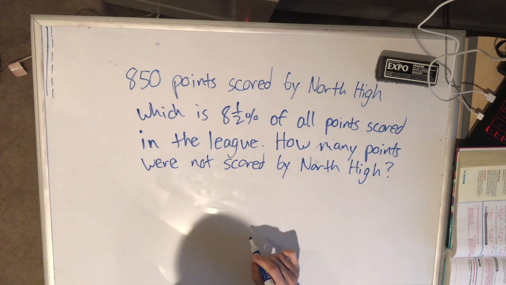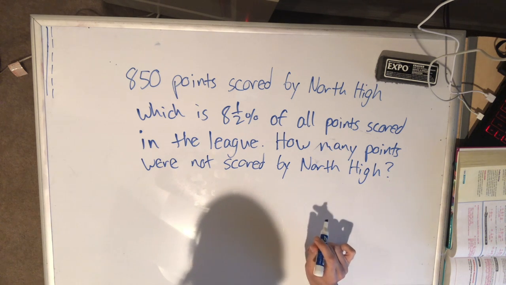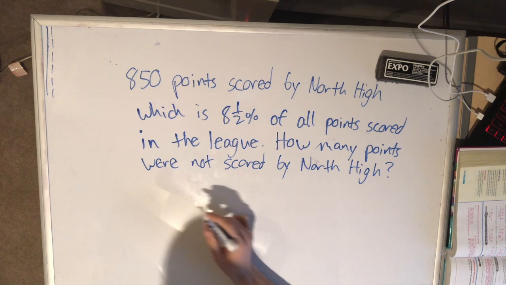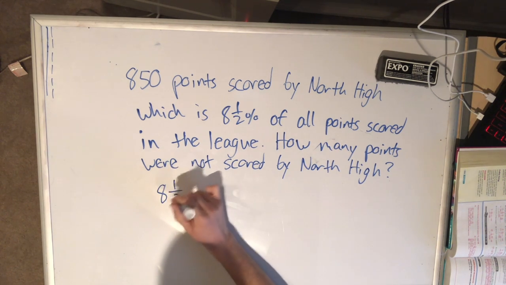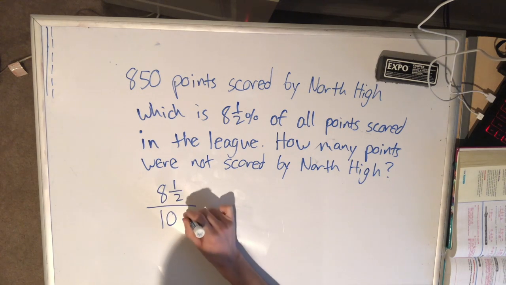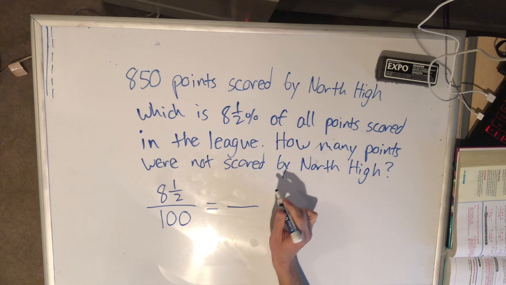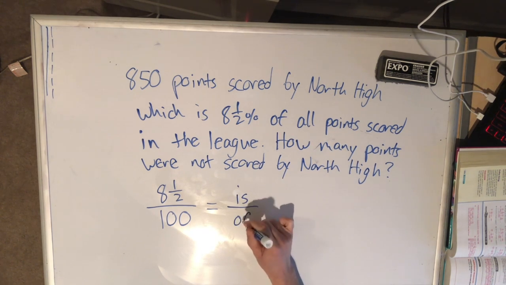Okay, so let's use the percent proportion method. So 8.5%, let's convert that into a fraction. That's 8.5 over 100, then equals, and then it's always the is number over the of number.